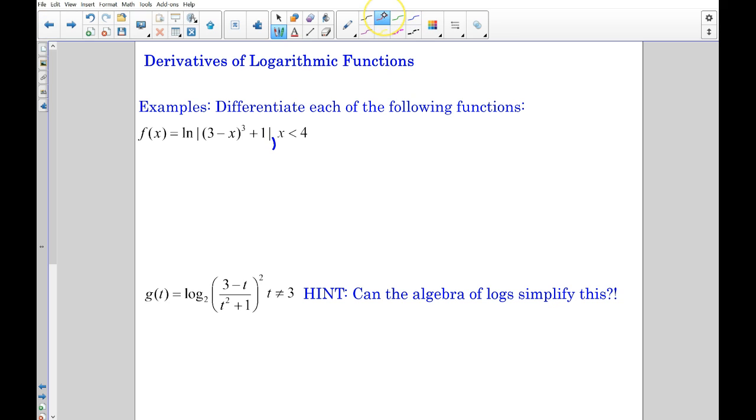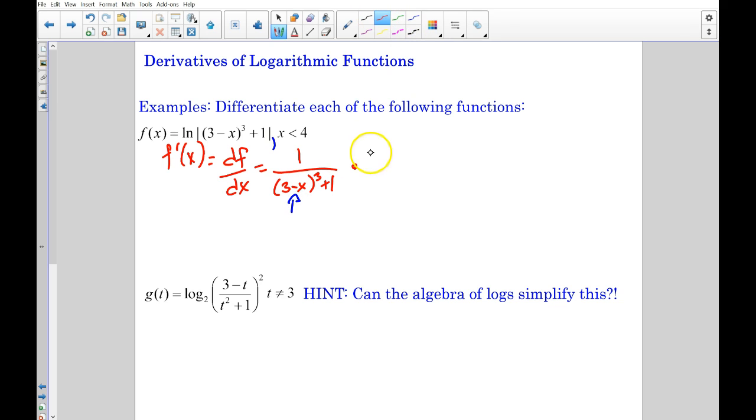Okay, so if I want to find the derivative of f of x, so f prime of x using prime notation, which I could also write as df/dx, same thing. This is equal to 1 over the input of the natural log, so it'd be 3 minus x cubed plus 1, and then I would need to multiply by the derivative of this function.